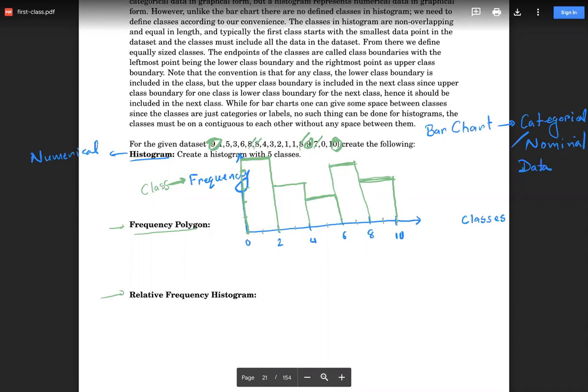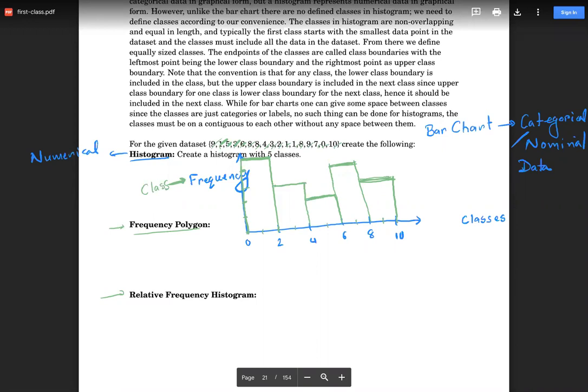Let me do relative frequency histogram. Now, relative frequency histogram is a histogram where you do the following. You take the total data points. So let me count the number of data points here. 1, 2, 3, 4, 5, 6, 7, 8, 9, 10, 11, 12, 13, 14, 15, 16, 17 data points.